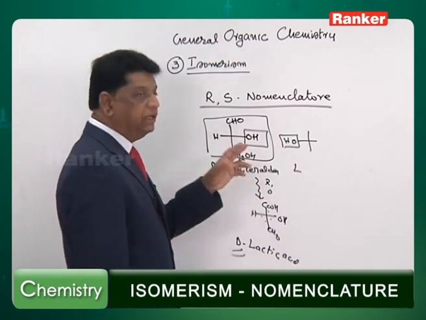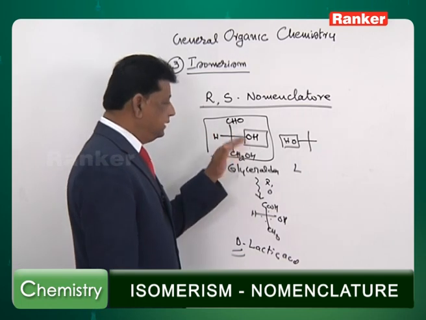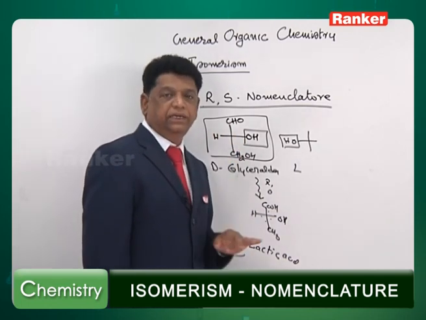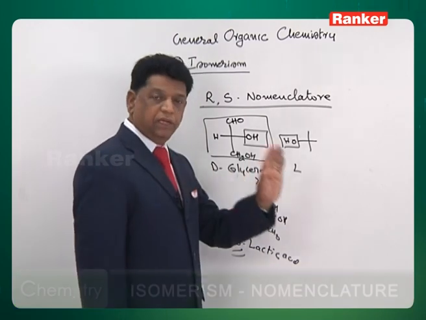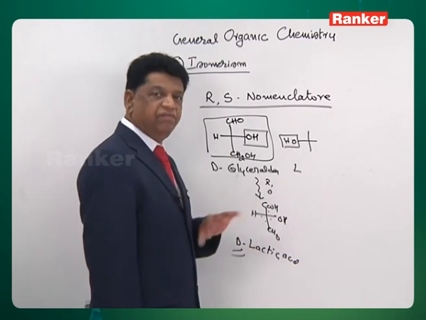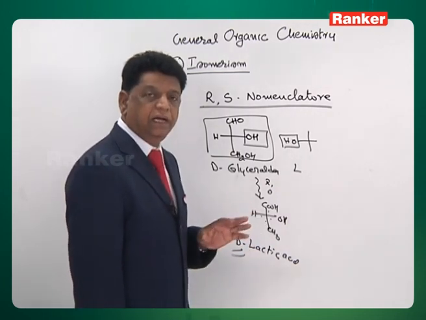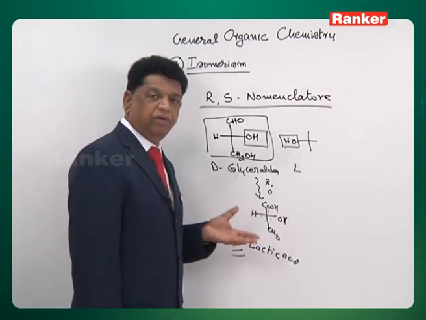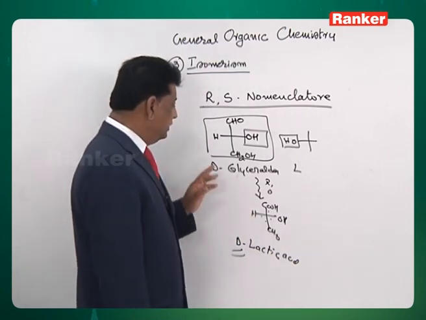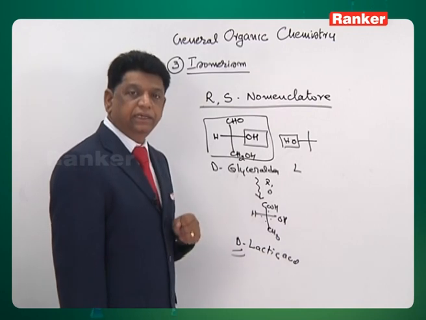If it undergoes any substitution, like let us say an SN2 reaction, in SN2 100% inversion takes place. So a D compound is understood to give the L compound. In SN1 50-50 takes place, or in a neighboring group effect, or SNi intramolecular type, 100% retention of configuration takes place.